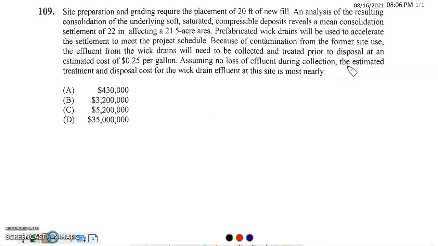The estimated treatment and disposal cost. So they want dollars. That's what it is. Everybody loves money. But anyway, the first statement says site preparation and grading require the placement of 20 feet of new fill. We don't need that.